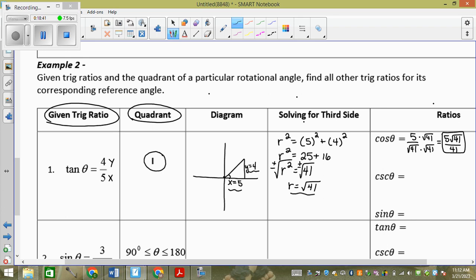Cosecant. What's cosecant besties with? Sine, right? And sine is what acronym? Sine, your, resume. So what's cosecant? Resume, your. Help myself out, put that there. So what's the r? Root 41. What's the y? 4. Done.